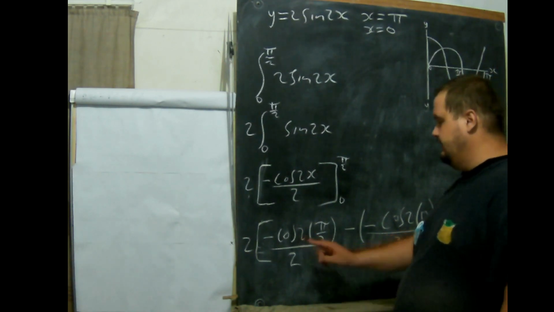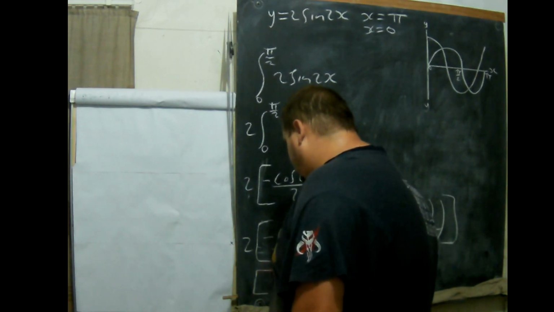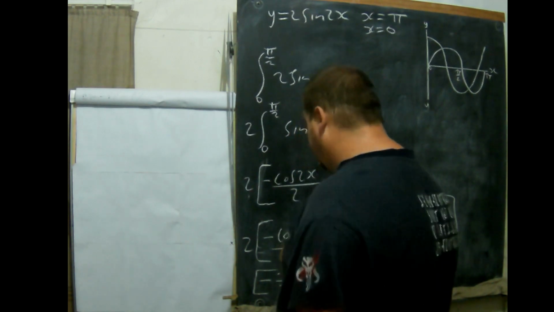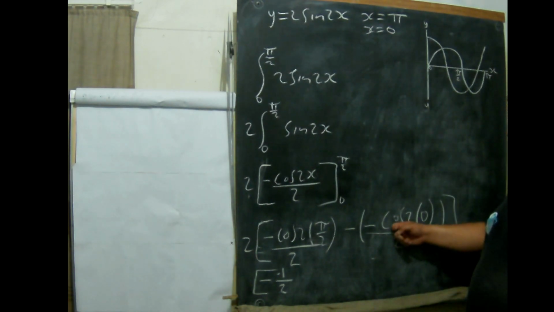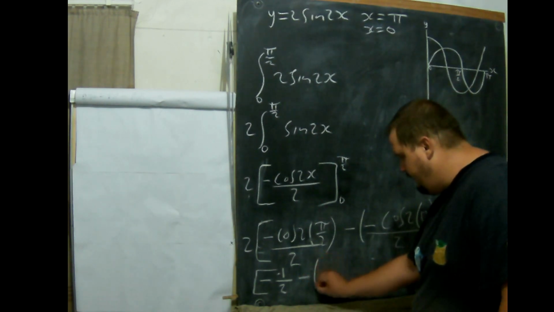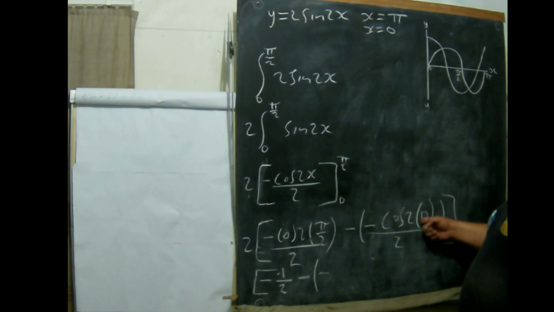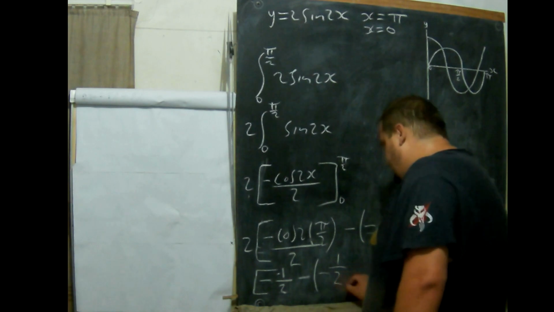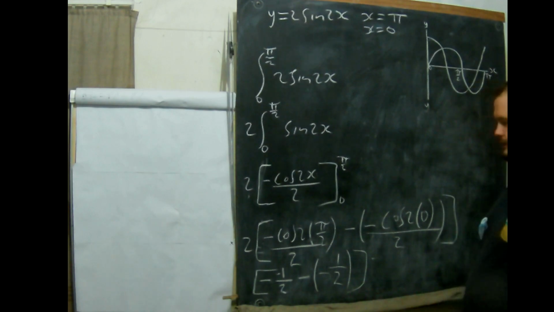So we have negative 1 over 2, minus, and now 2 times 0 is 0. Cos 0 is positive 1, so 1 over 2. And we are left with that in a square bracket.